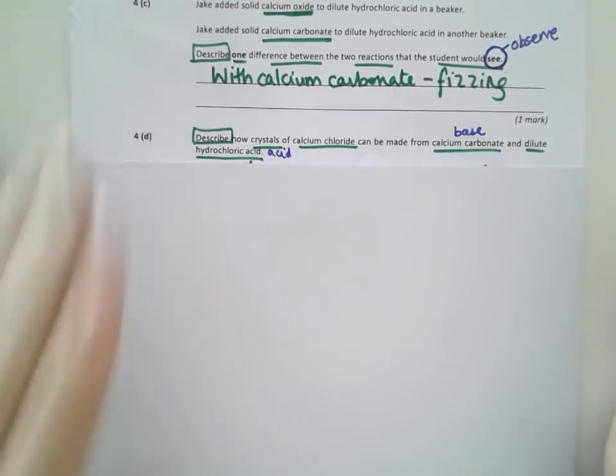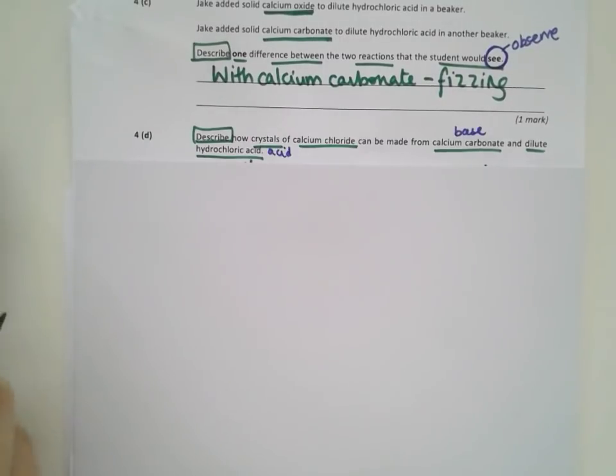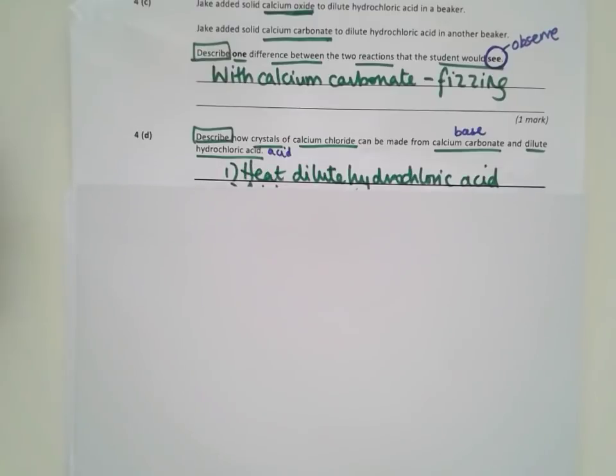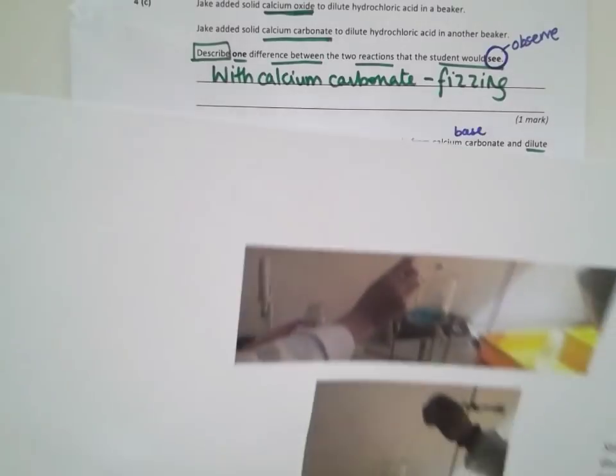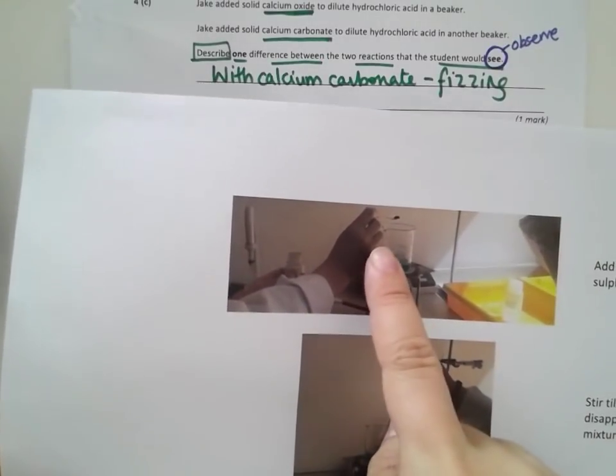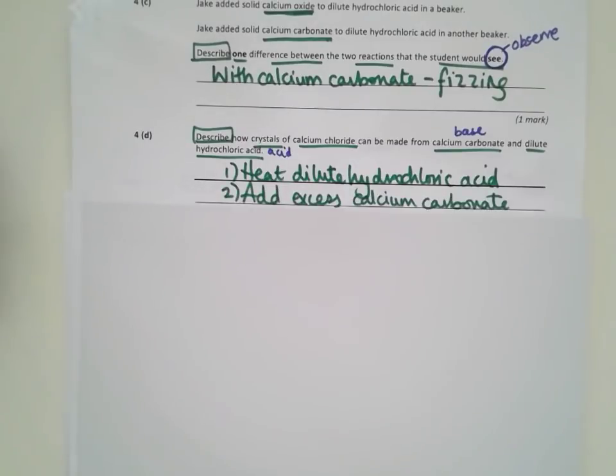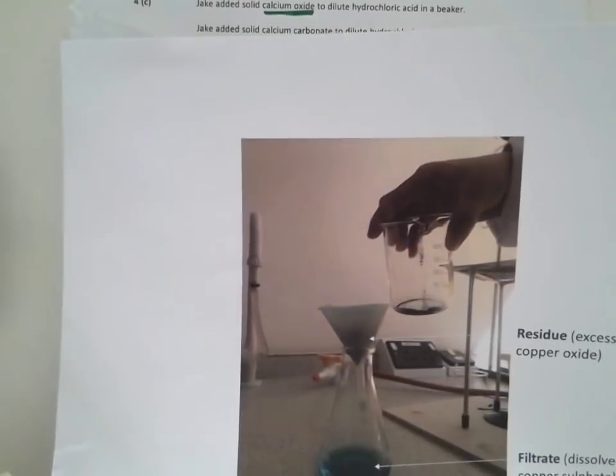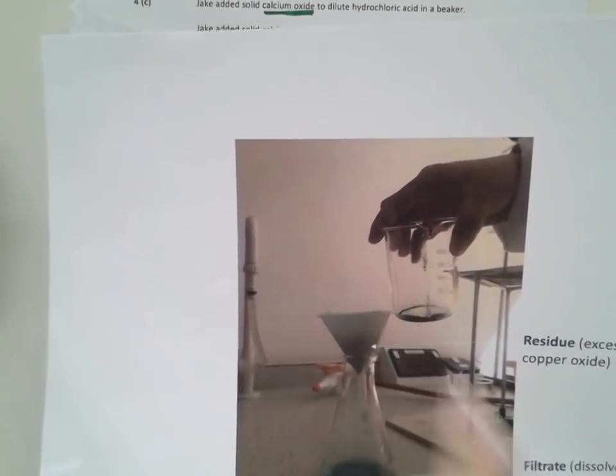So the first thing you do, remember when you first did this, you heated up the acid, and that's what you do first. You are heating up the dilute hydrochloric acid. Then after heating it up, remember you are adding excess of the base, and here we're adding excess calcium carbonate. Then after you added excess and you stirred, you filtered, because you had to remove that excess base.